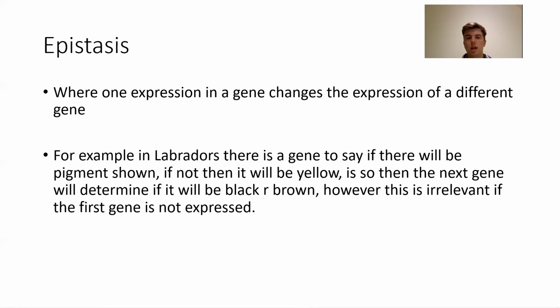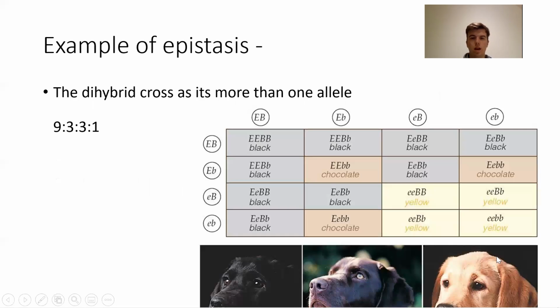So basically what this is saying is that if the gene is present to show pigment, the pigment can then be an option of black or brown. I'll show that in the next slide. So here we have a dihybrid cross with more than one allele. We're looking at E, which represents whether pigment will be shown, capital E being yes, the dominant.